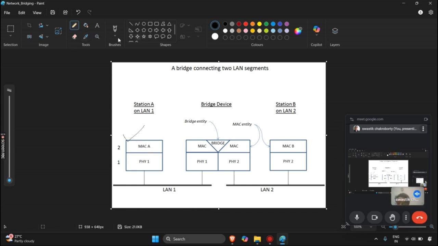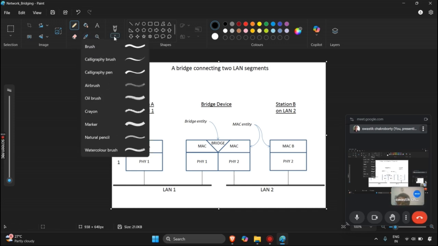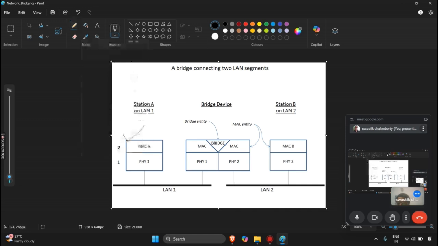This is one network that has a PHY 1 and a MAC A. So this is station A on local area network 1.